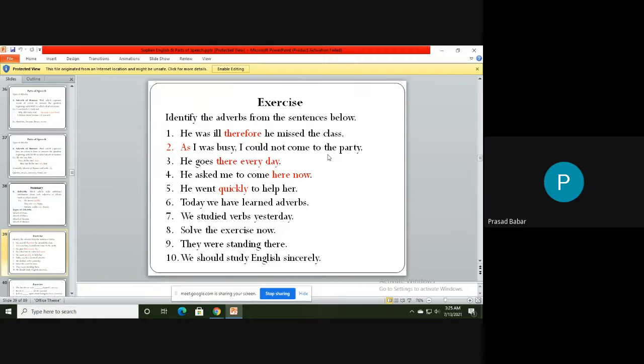If there will be now or today or tomorrow or on the day or on the same day, these type of words, if they would be here, then we will call them as an adverb of time.